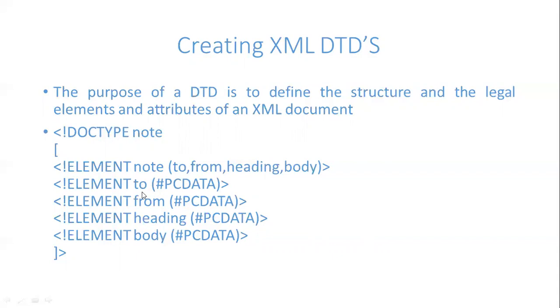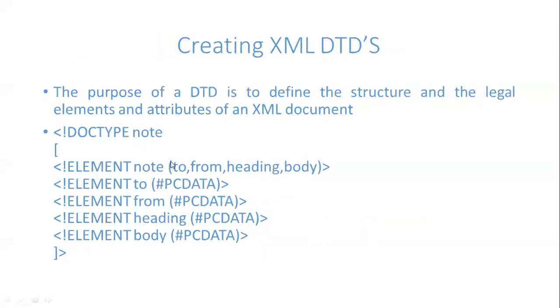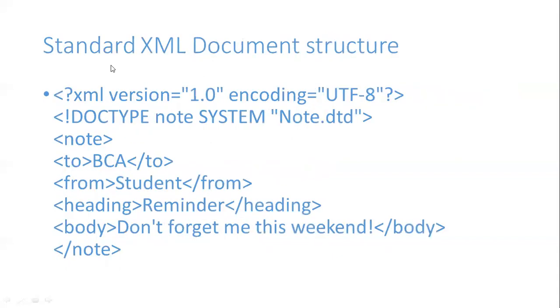So what the document type definition, the DTD, is specifying here is that, in the previous XML, note consists of the sub elements to, from, heading, and body. To consists of PCDATA.